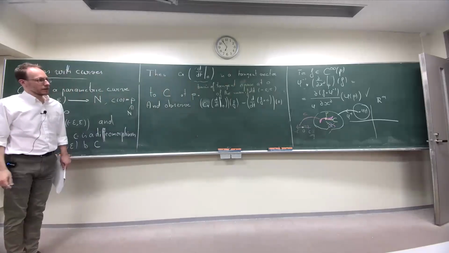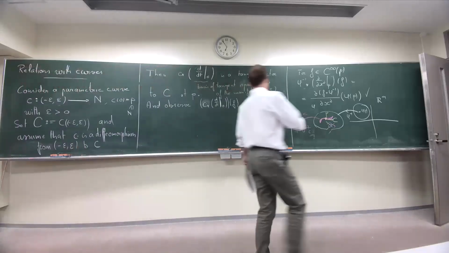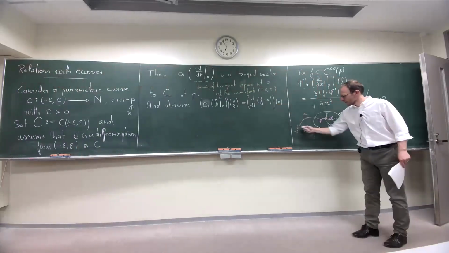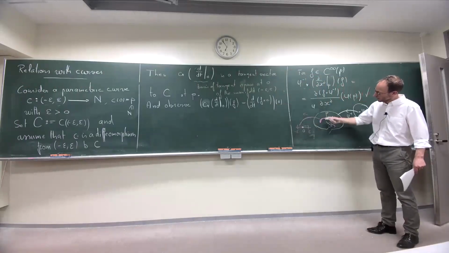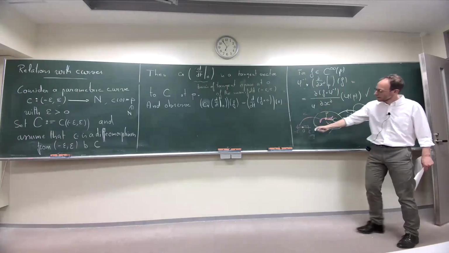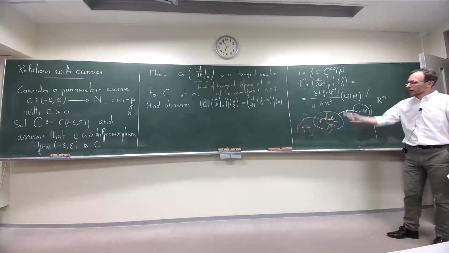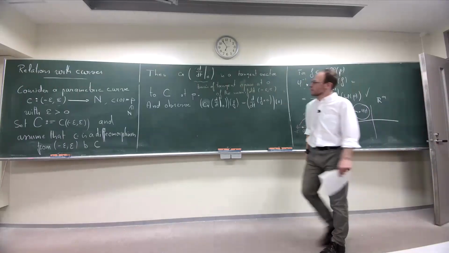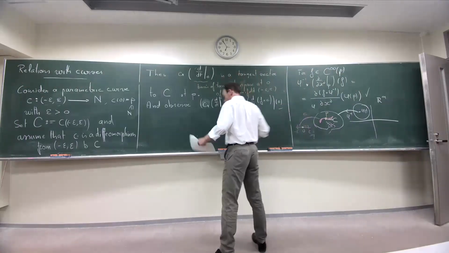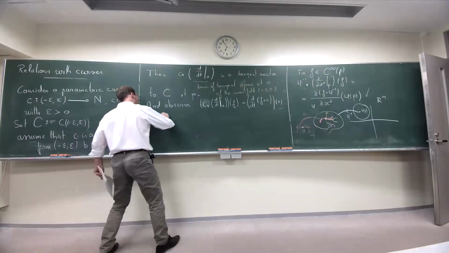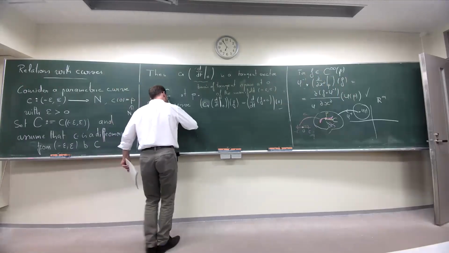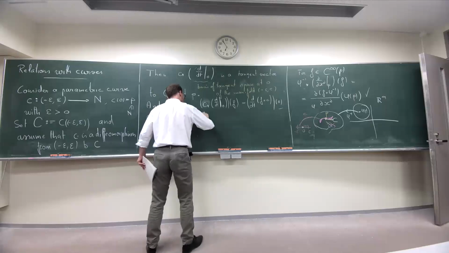And again, check that it's well defined. C is a map from this interval to the manifold. Then we apply F, which is defined on the manifold, on C. We take the derivative here, and we evaluate at the point 0. So this is an expression I want to keep. And more generally, I don't need to evaluate at 0.